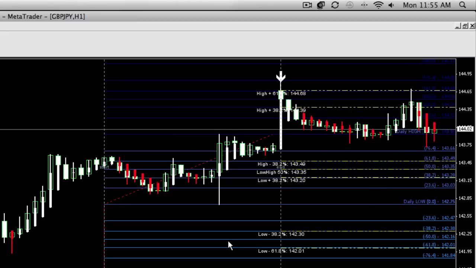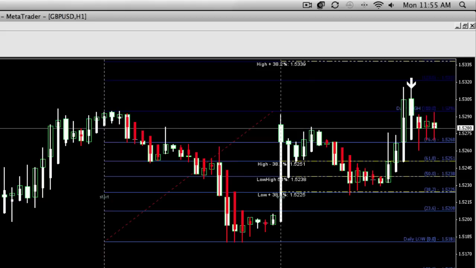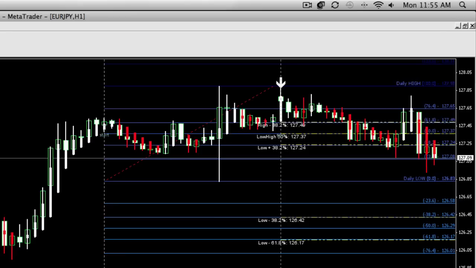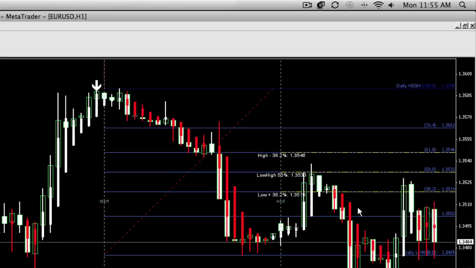You can see that pound yen, we got a bounce off of a pivot point. If we come over here to pound dollar, that bounced pretty close off of a pivot point. We got euro yen. That didn't really hit a pivot point, but the other 2 did. And if we come here, you can see there's a trampoline bounce through a pivot point, and here's a trampoline through.